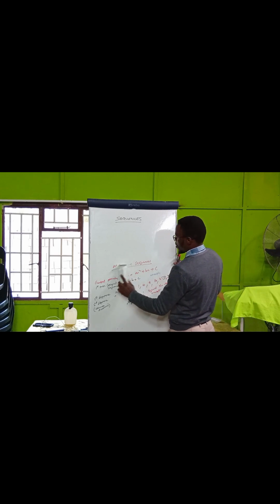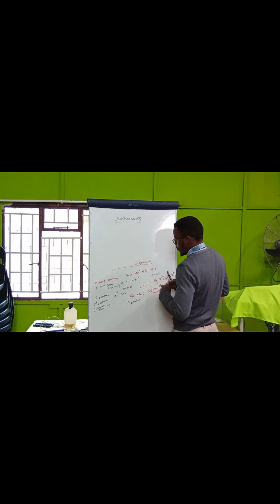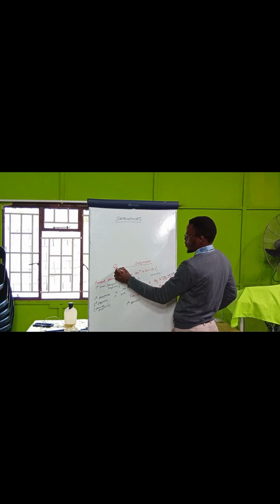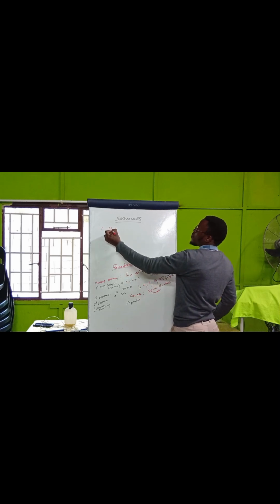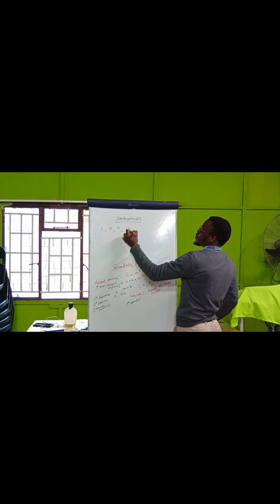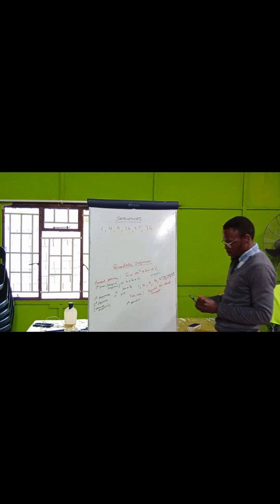So now we're looking at quadratic sequences. Our sequence is 1, 4, 9, 16, 25, and maybe at least 36.